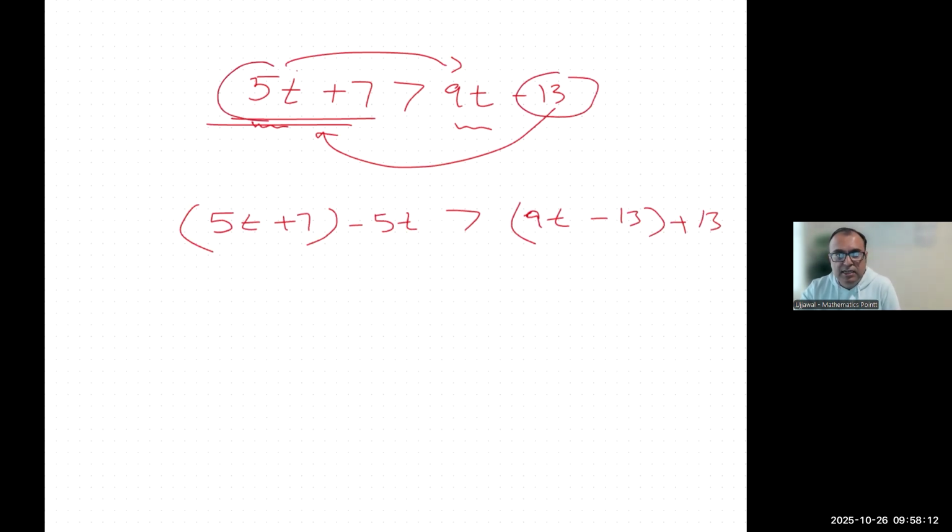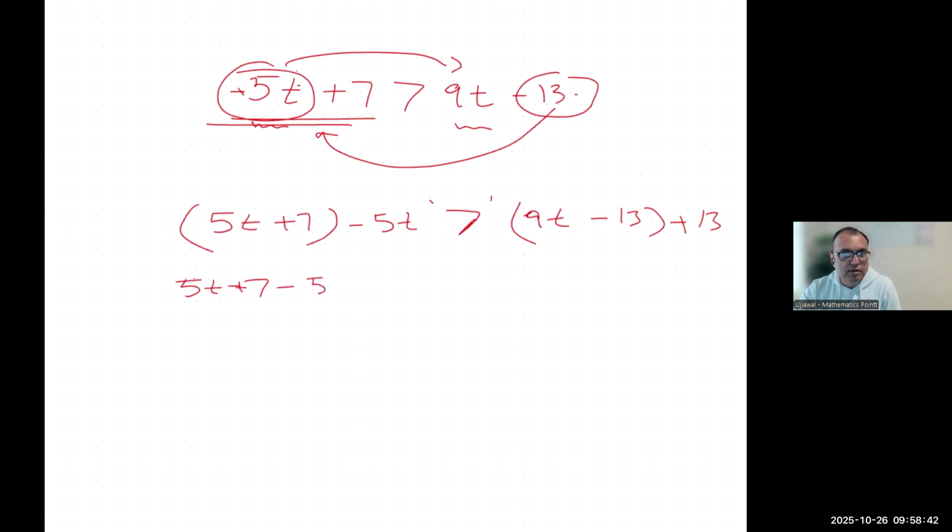Now, this 13 is a negative number, but it is subtracting from the expression, so it will not have any impact on the sign. This 5t is a positive 5t, so it is harmless, right? So no impact to the inequality sign. So let's open the brackets up.